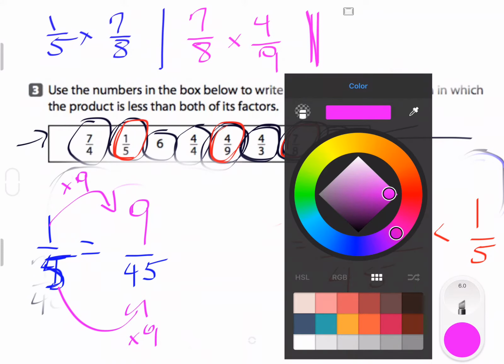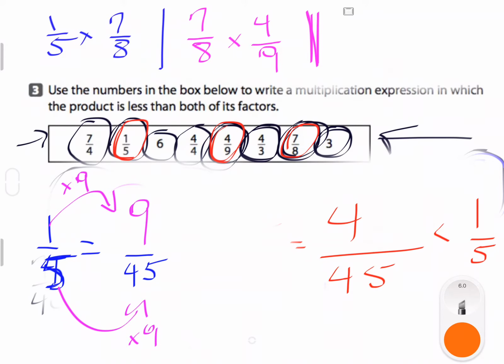All we want to do is also write that here on the top as one of the 3 possible correct answers. 1/5 times, what were we even doing? 4/9. So that's a combination of every one of the fractions listed in the box that have a value of less than 1. They are all correct answers.